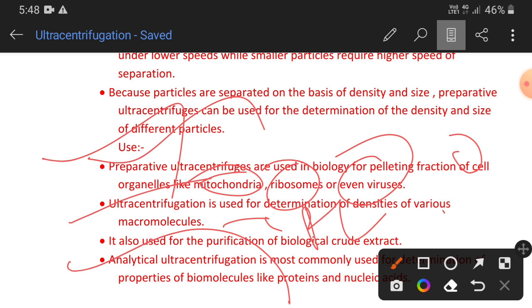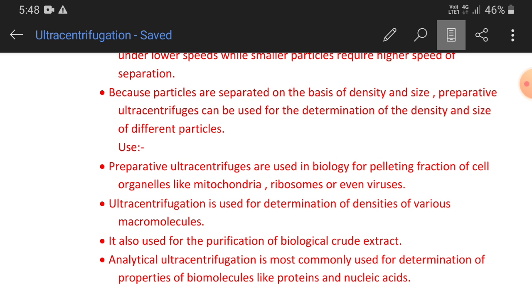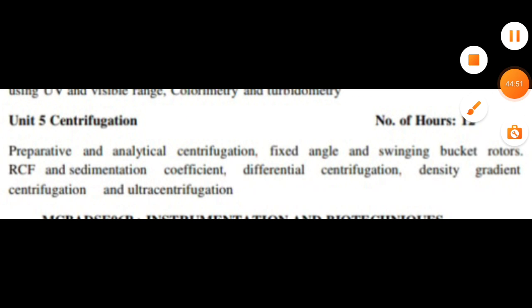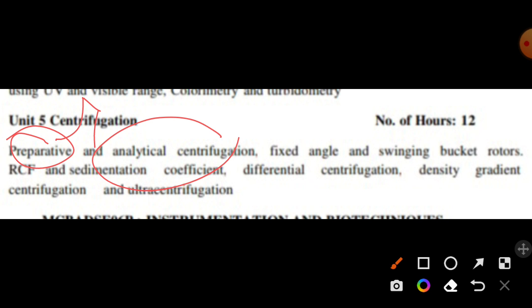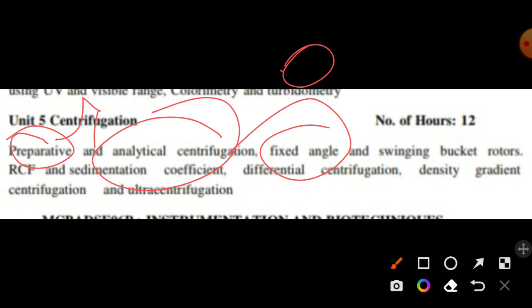So we have wrapped up the entire chapter of centrifugation, where we first discussed preparative centrifugation, which separates a particular molecule from a complex mixture, then analytical centrifugation, where we analyze the different particles of the mixture, then fixed angle centrifugation, where we hold the tube at a 45-degree angle.